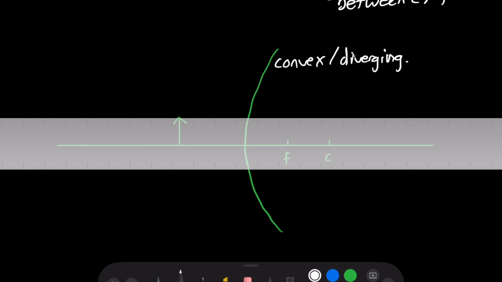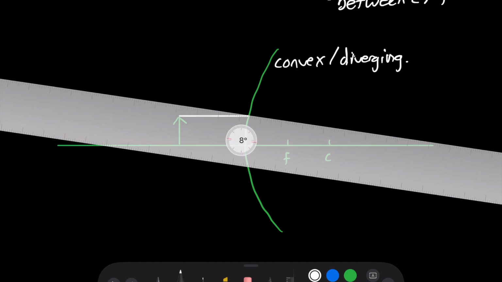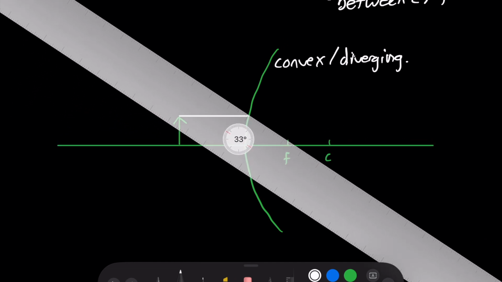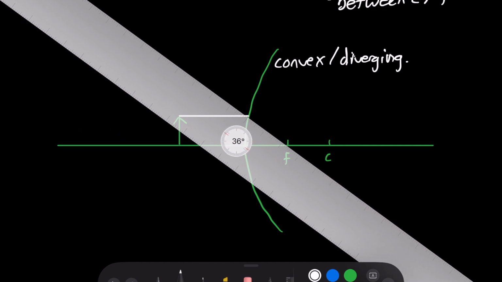So rule 1 says our first ray is going to run parallel to the principal axis and reflect through F. Okay, so we need to line up our original ray with F, and it is going to reflect at that angle.